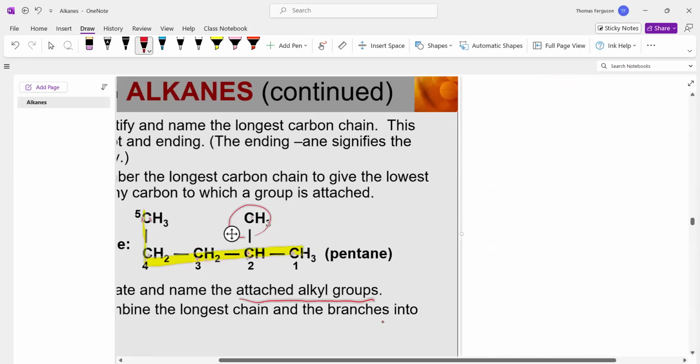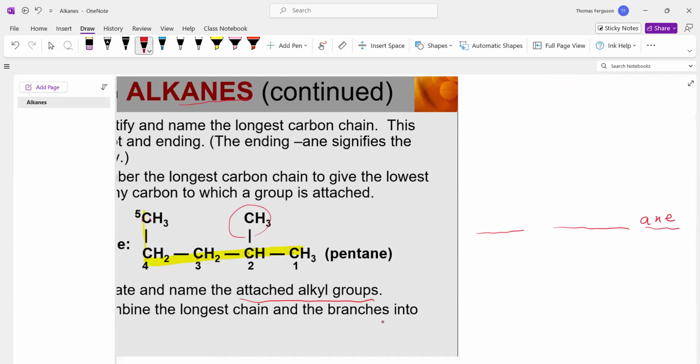So the way we're going to name this now is 3 parts. If we're talking about alkanes, that's the functional group for alkanes. That's going to be called ane. 5 carbons long, right? That's called a penta. Okay, but we have a branch.